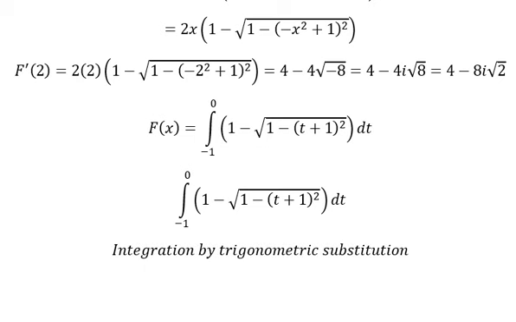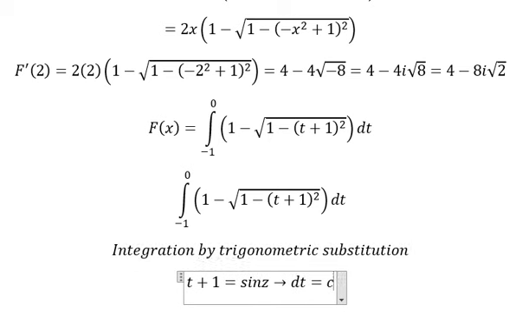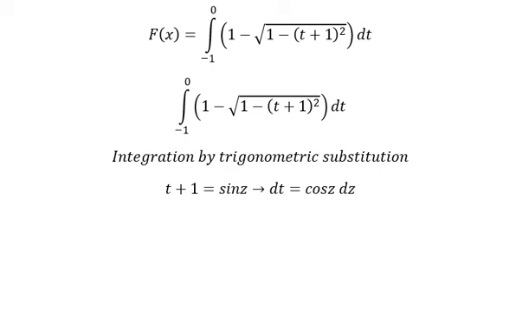So I will put t plus 1 equals sine z, because 1 minus sine z square we change for cosine z square, and later we simplify the square root. Next we do the first derivative for both sides, and you get dt equals cosine z dz. Next, we need to change the bounds.